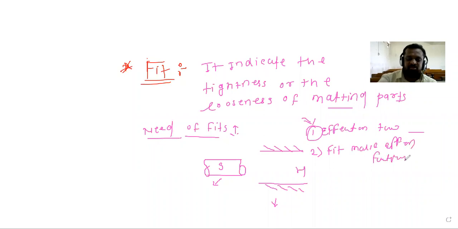For example, suppose this is one part, and suppose this is the repeal, and we have to insert it in this gap. If there is no proper fit, what will happen?